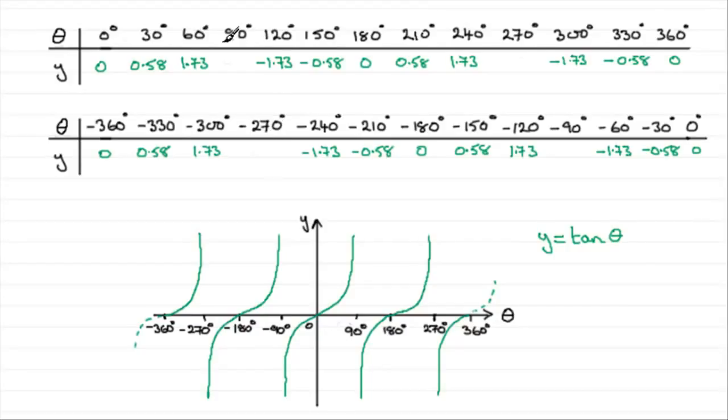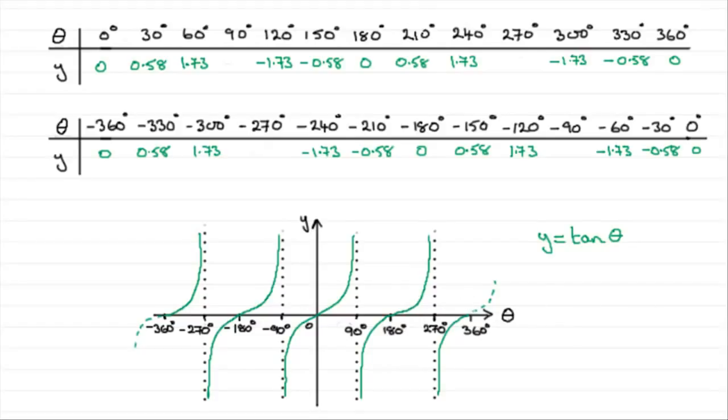That's because when you get closer to 90 degrees from the left-hand side, your values get bigger and bigger. They tend to plus infinity. And when you go beyond 90 degrees, like 91 degrees, you get a big negative number, tending towards minus infinity. And the same applies to the 270, minus 90 and the 270 degrees up here.